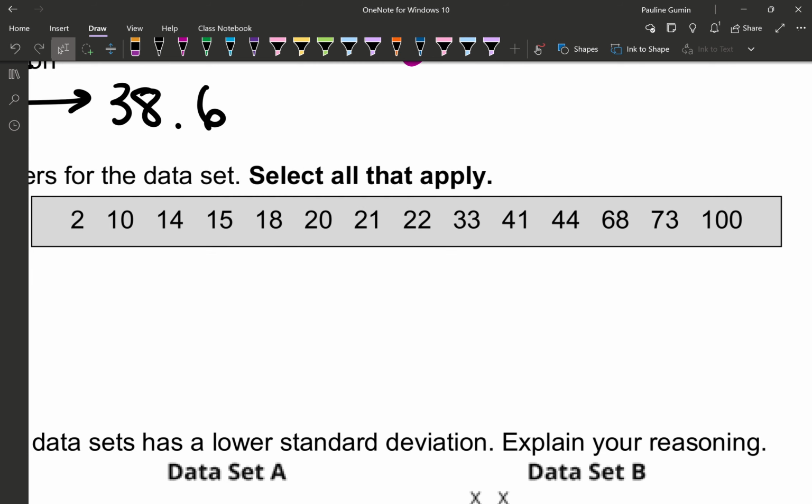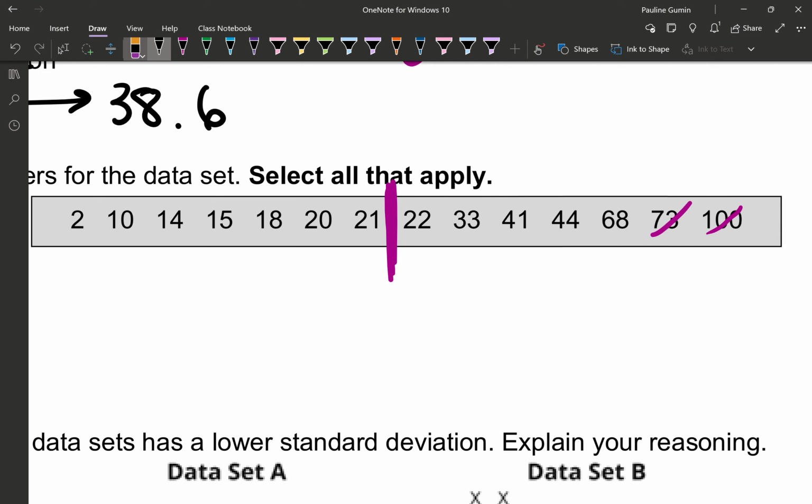Okay, let's find the median because we need that in order to find Q1 and Q3. Alright, I've got 2 in the middle. Now, because I don't actually need my median, I'm just going to split my data in half.